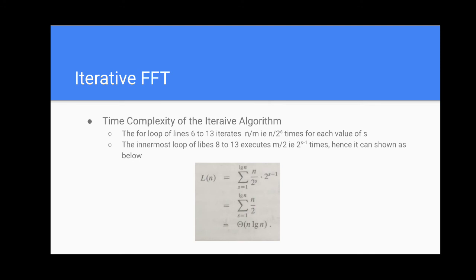So if you reduce this, it is summation of s going from 1 to log n of n by 2, and as n by 2 is a constant in this case, I can take n by 2 out. It is the summation from s equal to 1 to log n of 1. It can be reduced to theta of n log n.